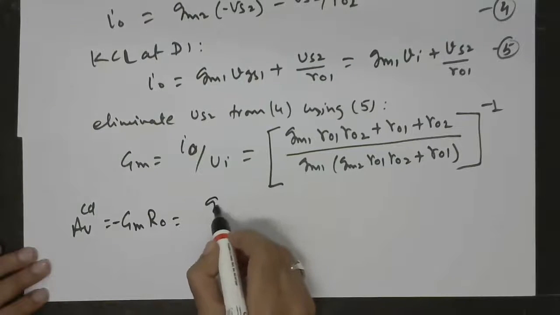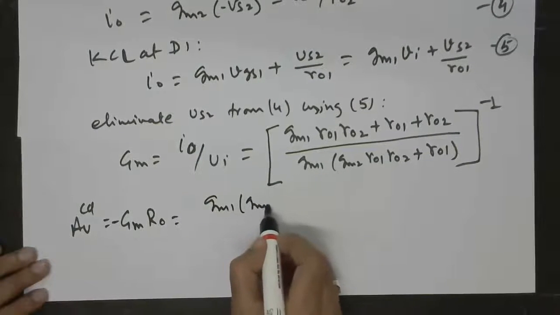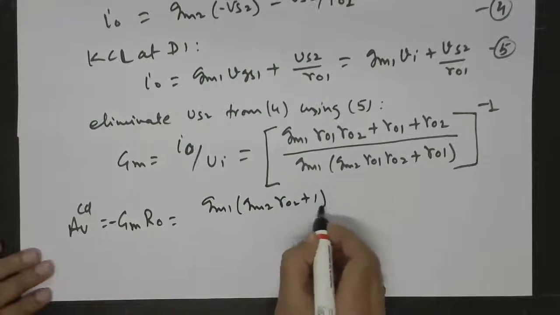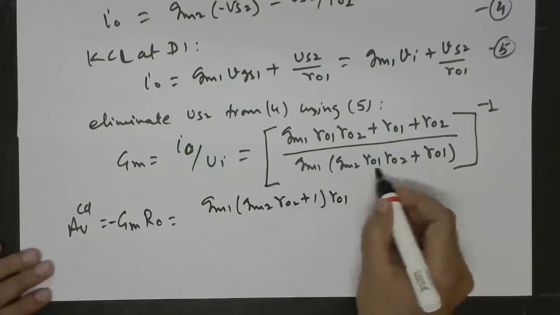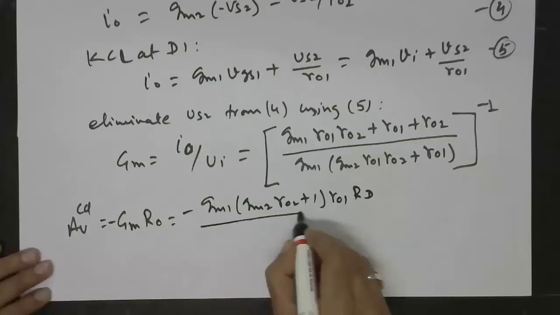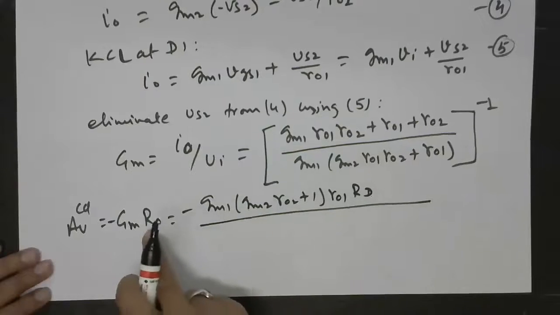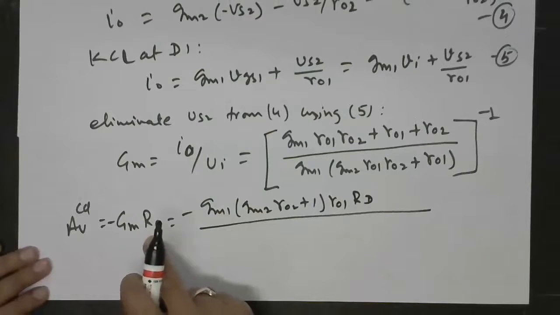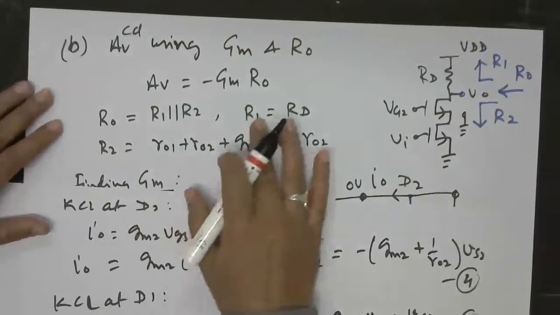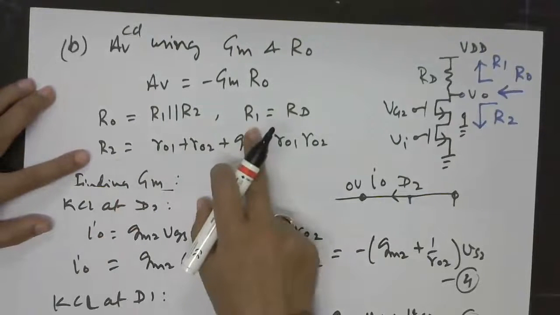So this is GM1 GM2 R02 plus 1, R01 can be taken common, minus RD, and this is the parallel of R1 and R2.